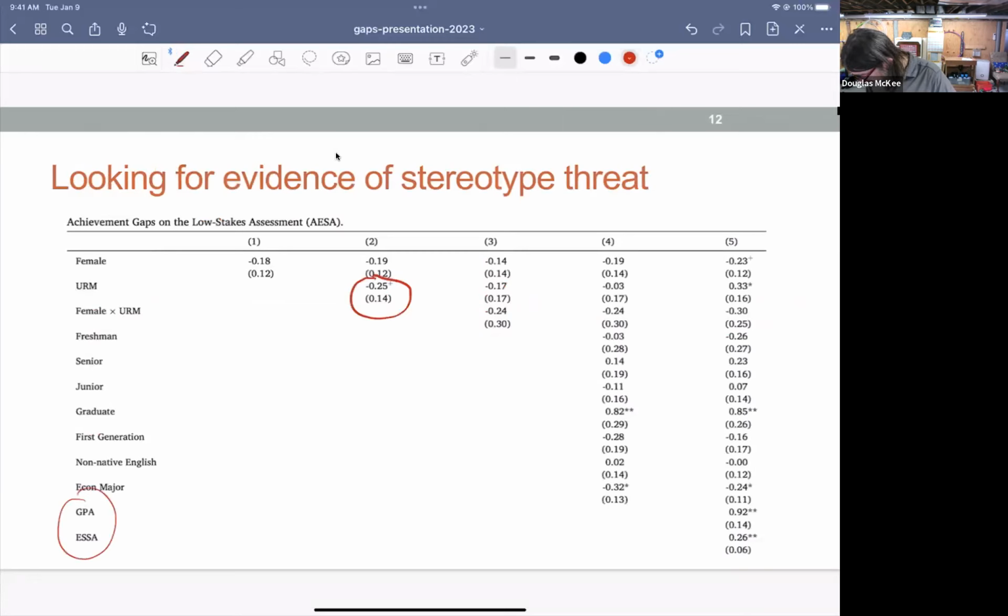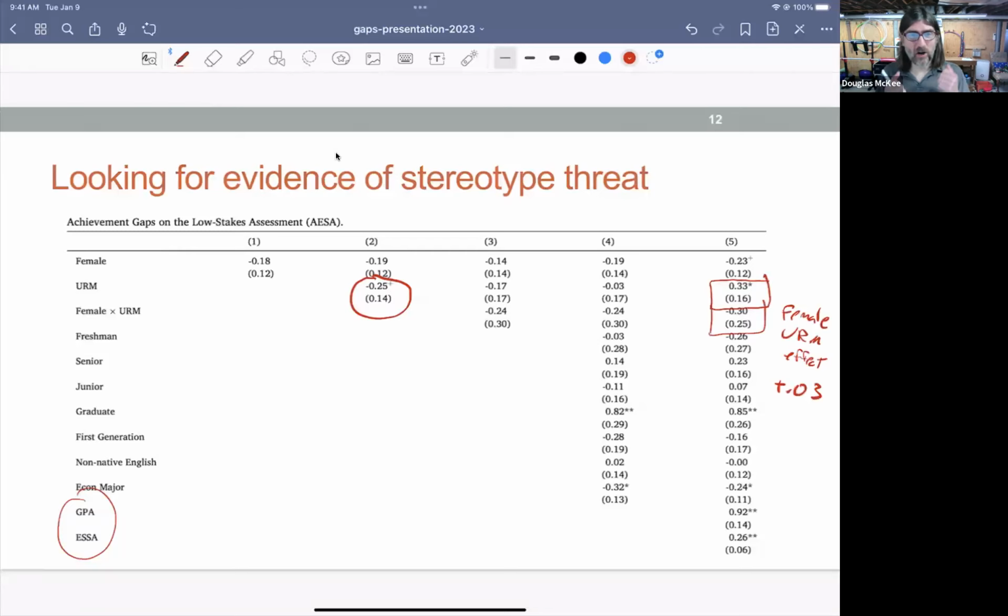So once you control for prior preparation on the low stakes assessments, the male URM students are doing better, and the female URM effect is now plus 0.03, which is almost nothing.